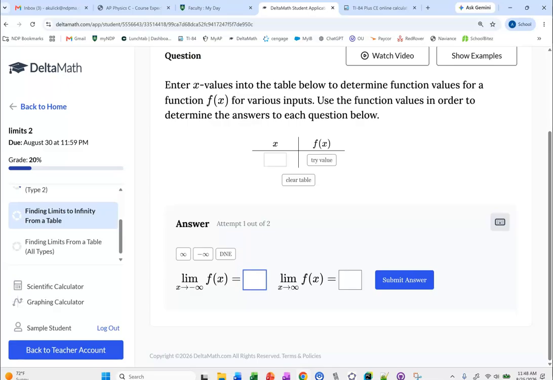Last type, here we're going to be looking at limits going to infinity. If I want to look at what happens as we go to negative infinity, I'm just going to use powers of 10. So I'll do -10, -100, -1,000.